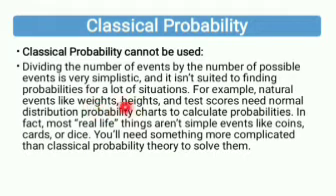Things like height and test scores need normal distribution probability charts to calculate probabilities. In fact, most real life things are not simple events like coins, cards, or dice. So you will need something more complicated than classical probability theory to solve them. This will lead us to another concept, the frequentist or empirical approach to probability, and that will be our next topic.